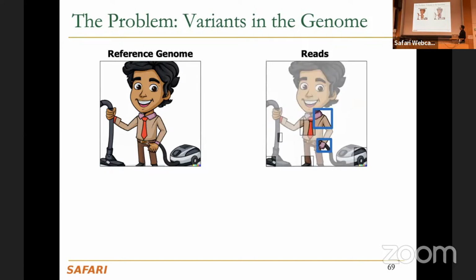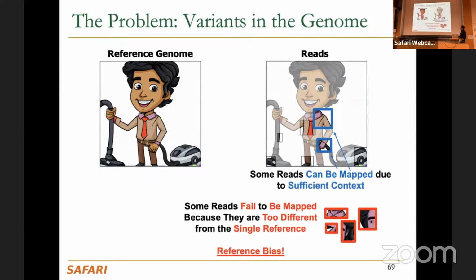Then this means that you'll only map a few of these pieces, and you'll miss mapping some of the other pieces that are too different from the reference genome. This is called reference bias, right? You're looking at one image, and you see that, oh, this is too different, maybe these pieces are not coming from this organism. But this is not necessarily true. These reference genomes do not represent the entire humanity, but are only a collection of certain individuals.